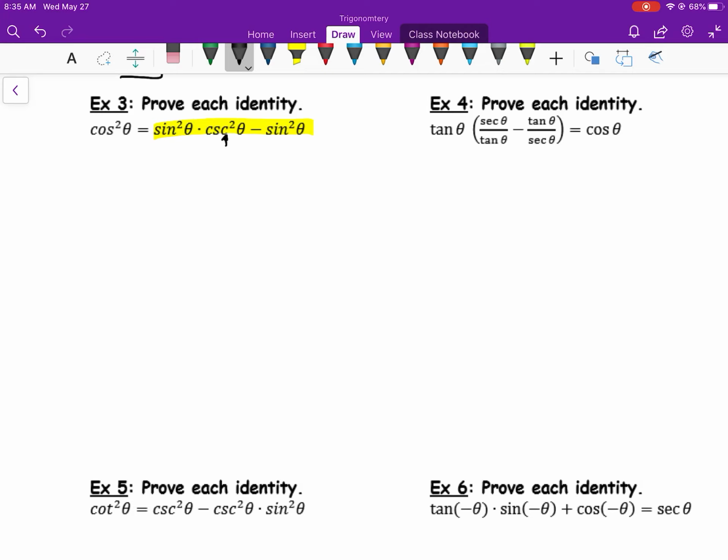First thing I'm going to do is attack that. I'm going to flip that. So I'm going to get sine squared of theta. Reciprocal of cosecant is sine, so times 1 over sine squared of theta minus sine squared of theta.